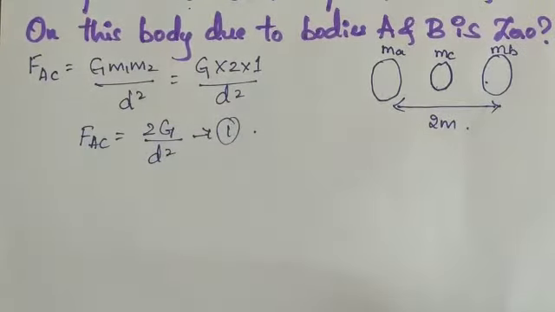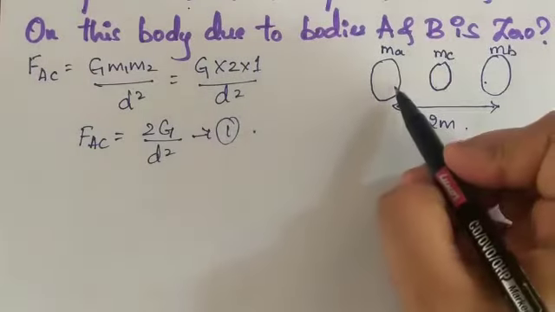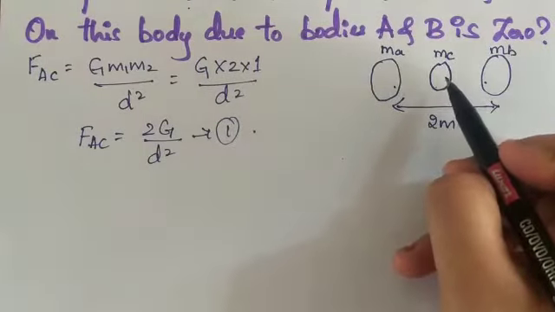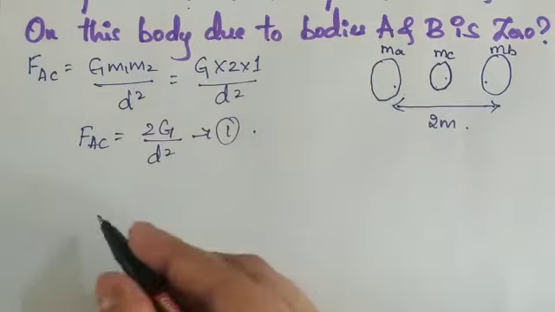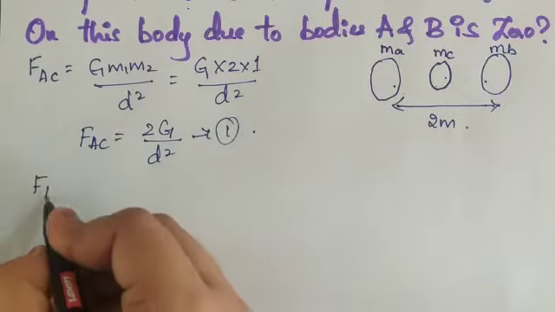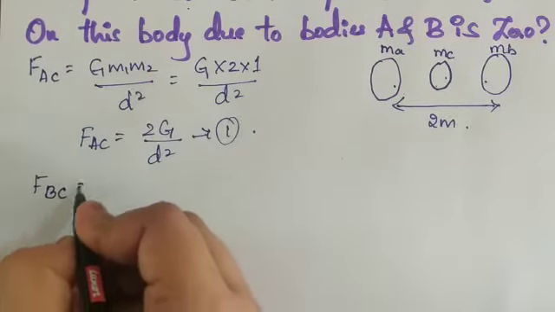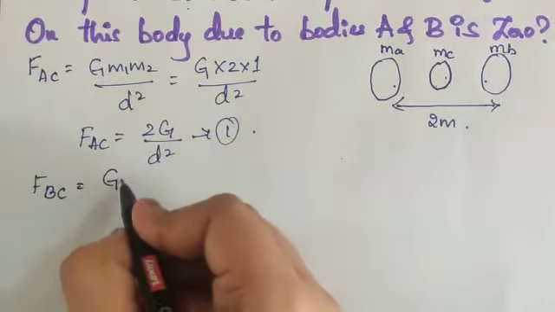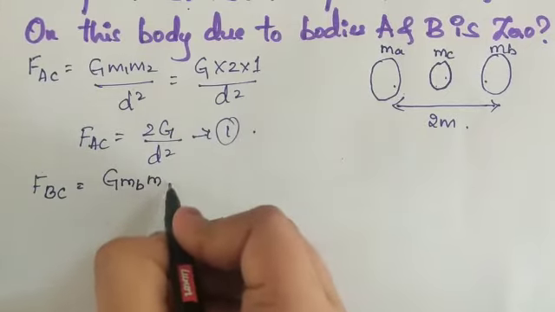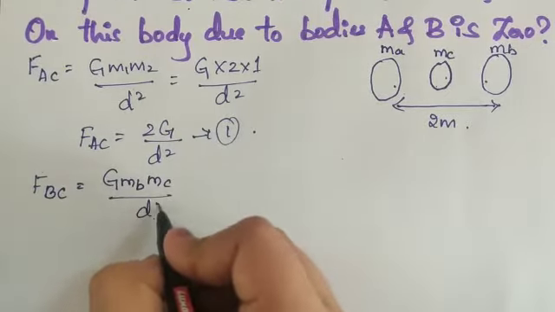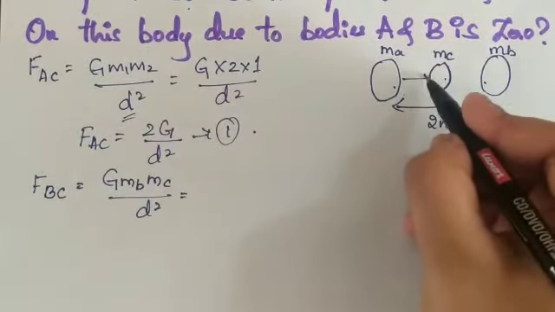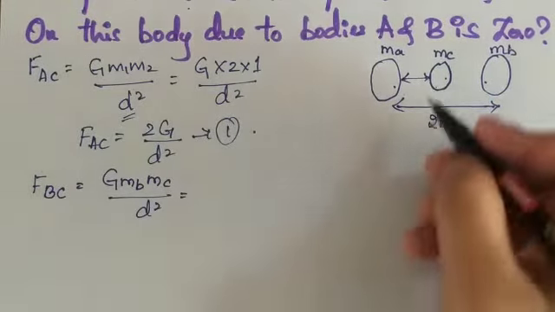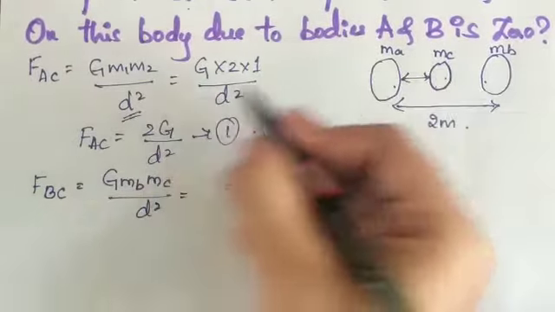Now this is the gravitational force between object A and object C. Now we want the force between object C and object B, so I am going to consider F_BC equals G mB mC divided by d square. The distance between A and C I have considered as d itself.